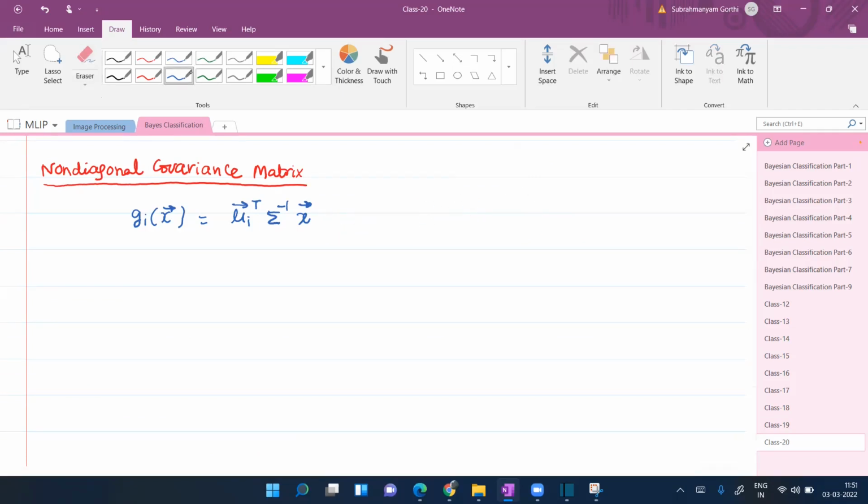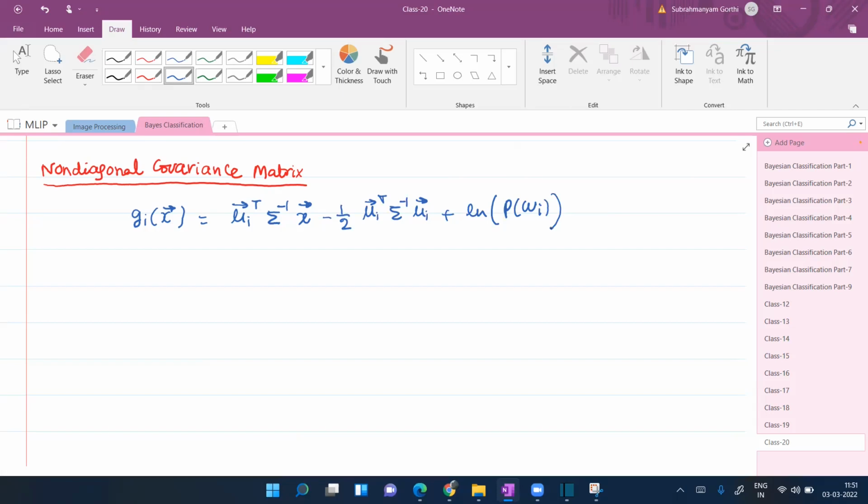I would write minus 1 by 2 into mu i bar transpose sigma inverse mu i bar plus natural logarithm of probability of omega i. Any question or any doubt here?